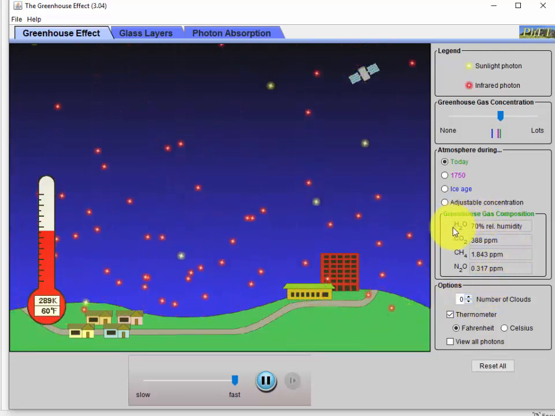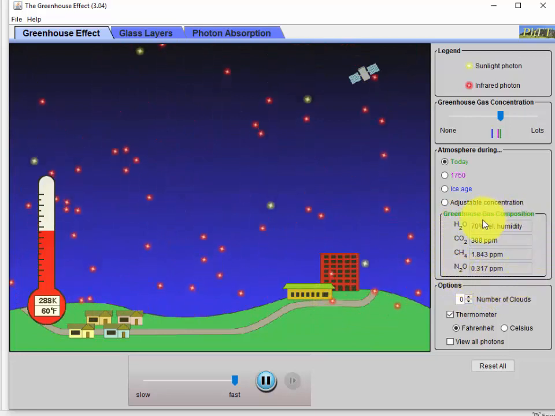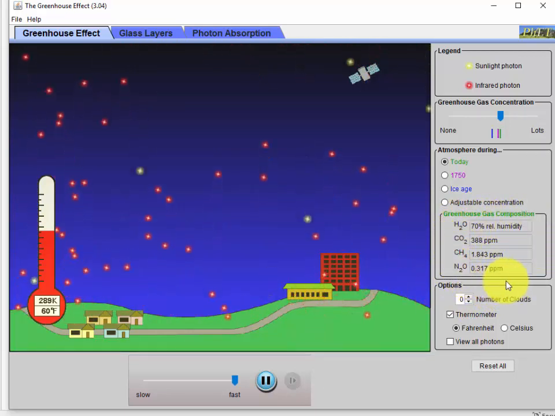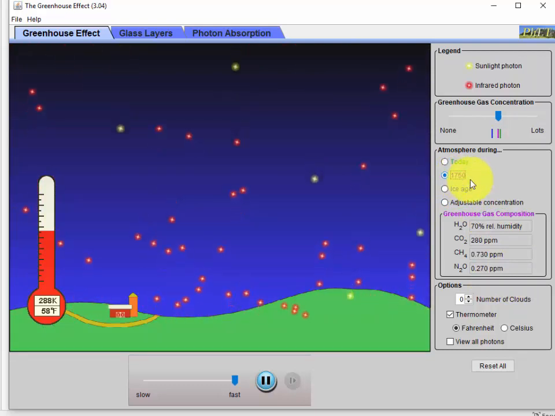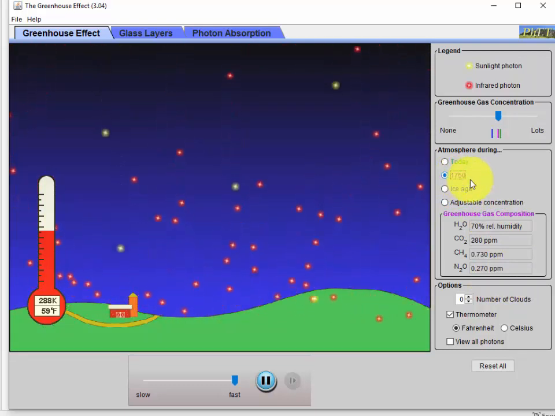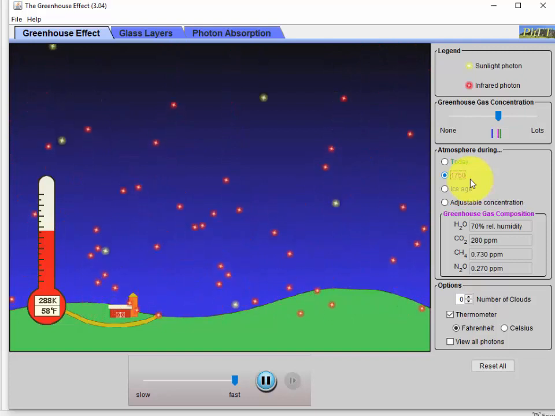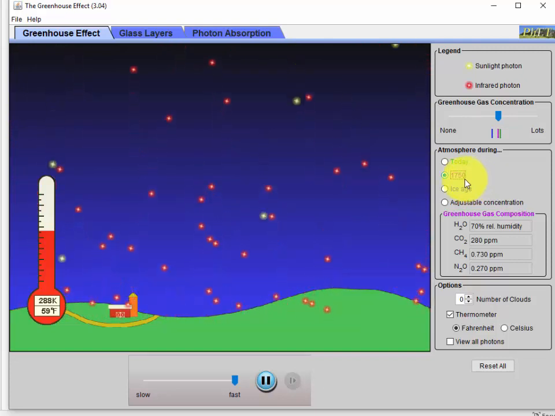While we pay attention here, the greenhouse gases considered are right here. We can go ahead and go to 1750. Give the temperature a little bit of time to reach a stabilization point.